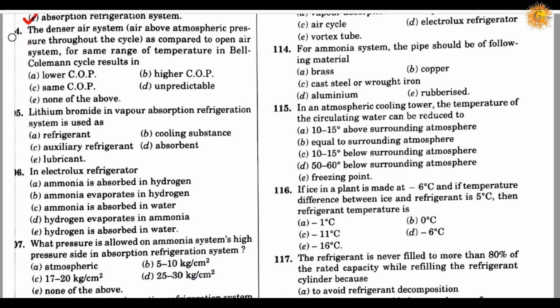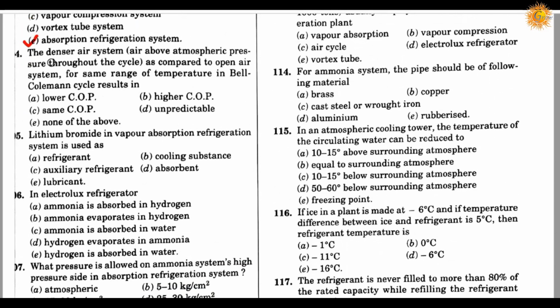Question 104. The denser air system, air above atmospheric pressure throughout the cycle, as compared to open air system for the same range of temperature in Bell-Coleman cycle results in: Option A, lower COP.